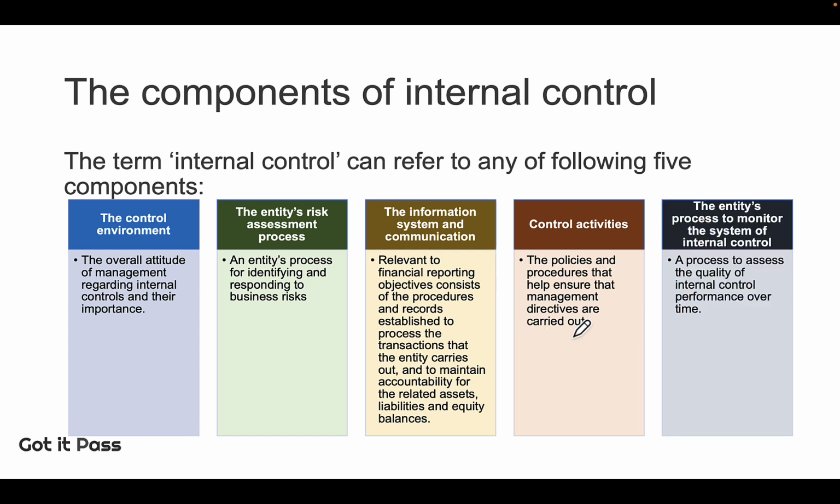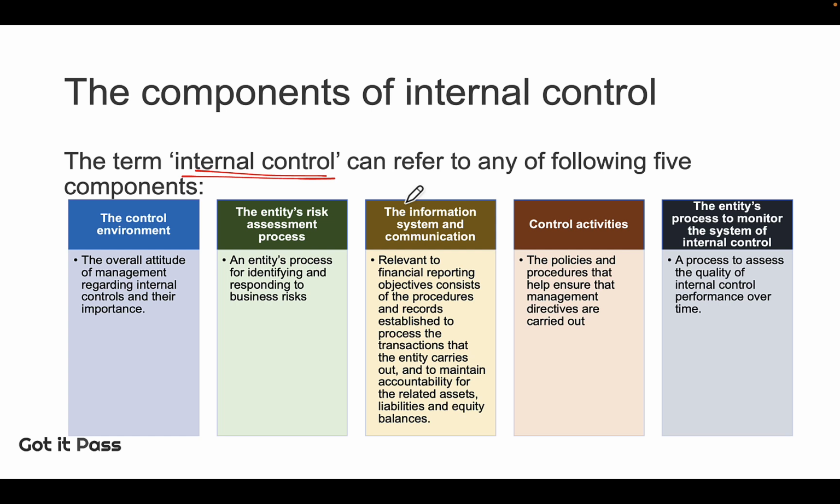And the last component of internal control is the entity's process to monitor the system of internal control. So there should be a process to assess the quality of internal control performance over time. We have the internal control, we have the internal control process, but whether the internal control process is effective, it may be effective this year, but how can we ensure it is effective next year or next decade?